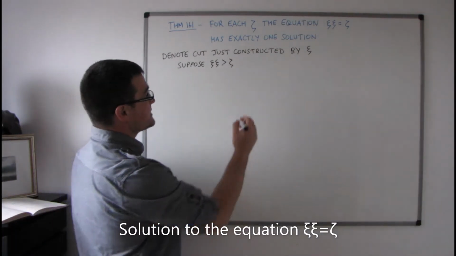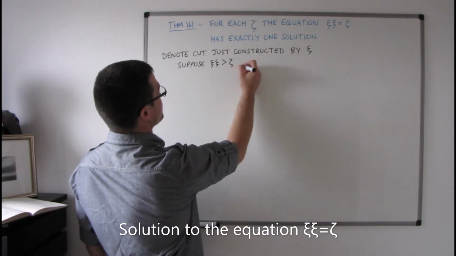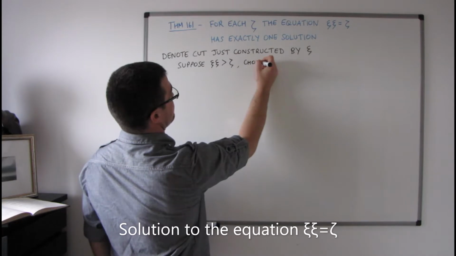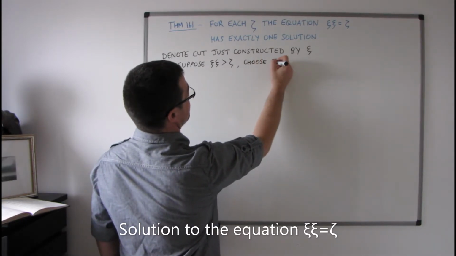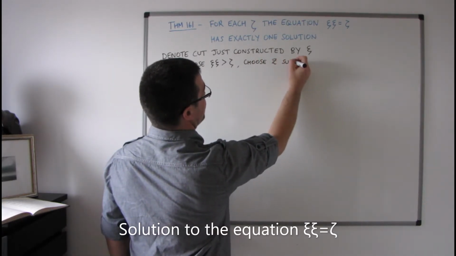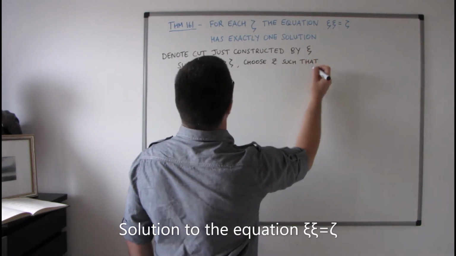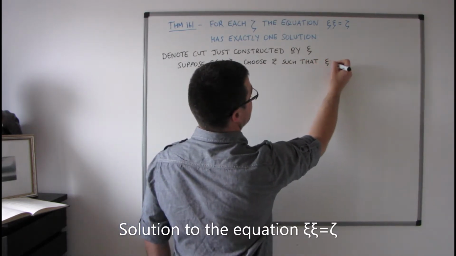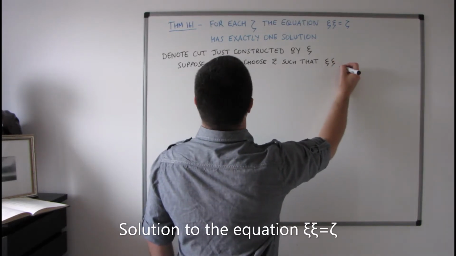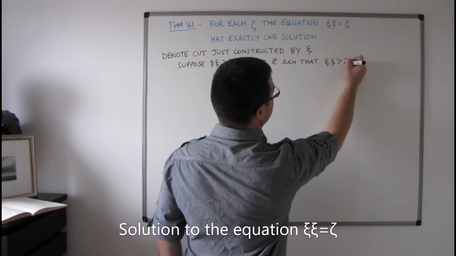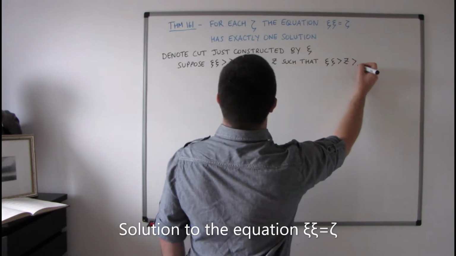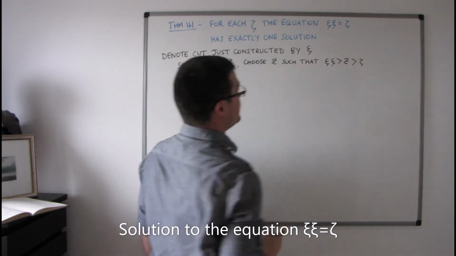So in this case, we can choose z such that xi times xi is greater than z is greater than zeta.